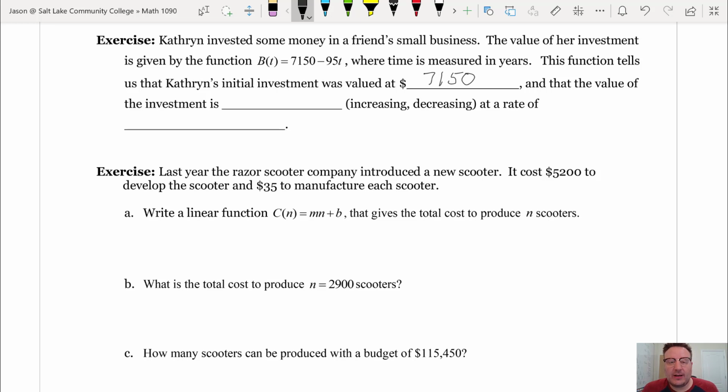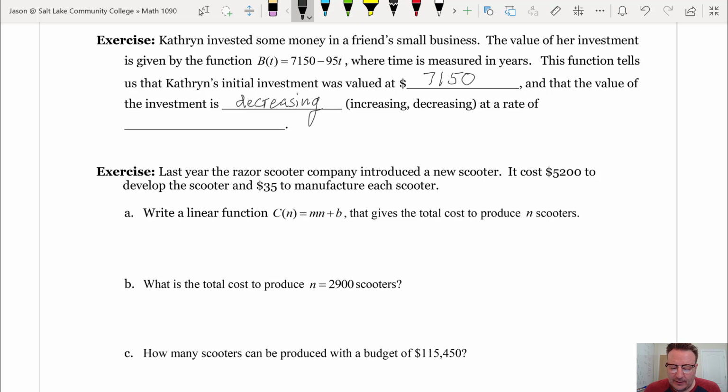Okay, now because the slope is negative, as time increases, the value will go down because the rate of change is negative. So the value of the investment is decreasing. And decreasing at a rate of 95, well, what are the units there?